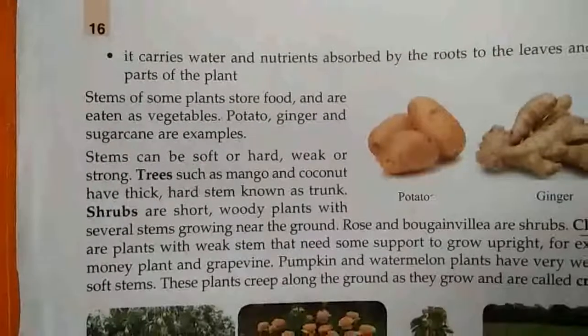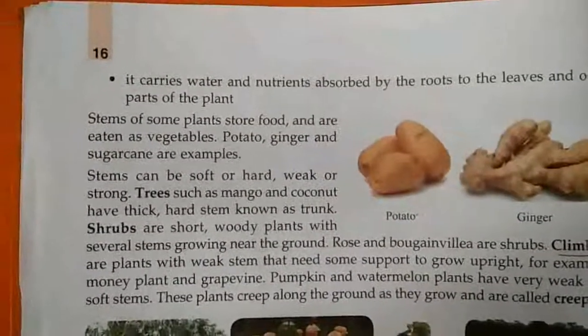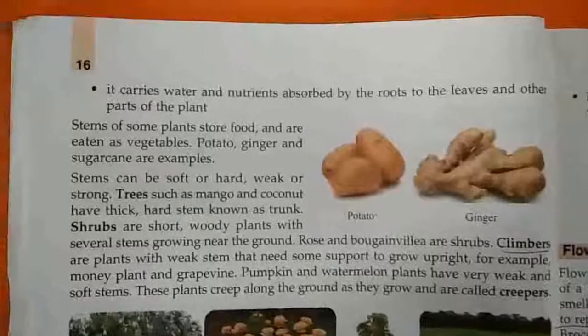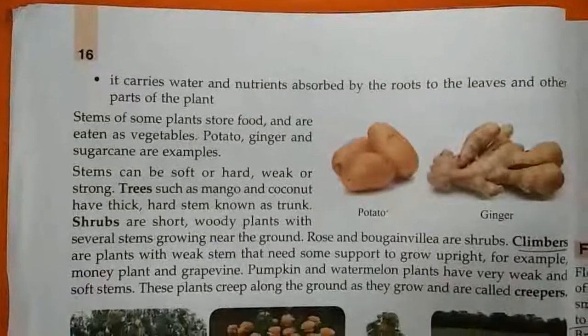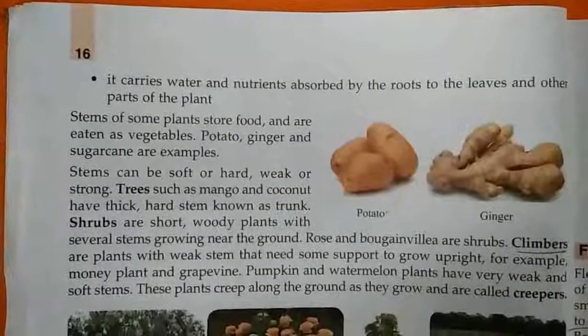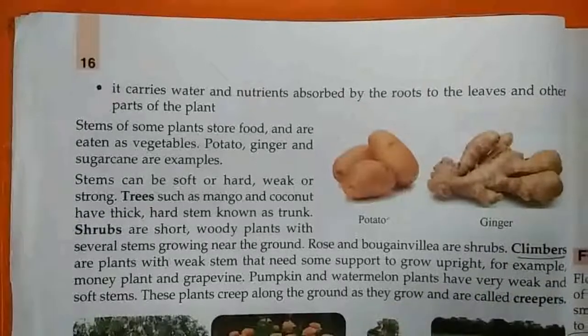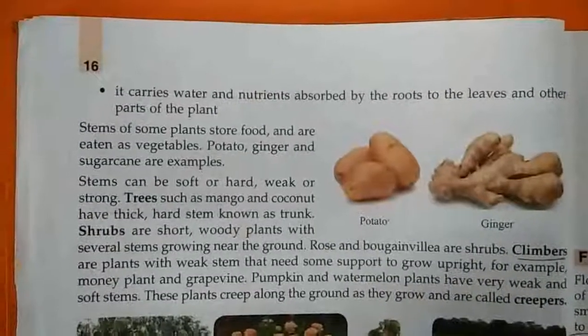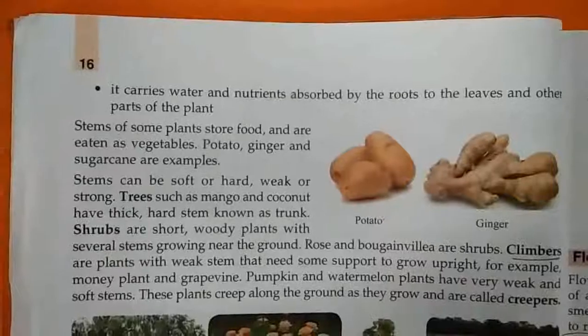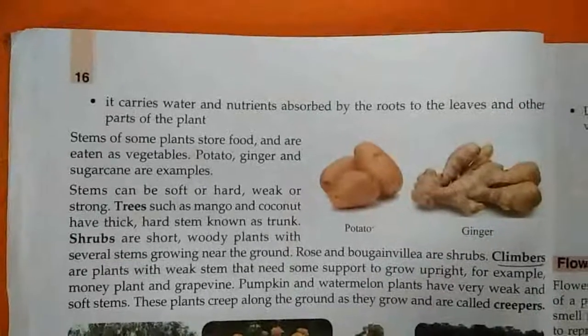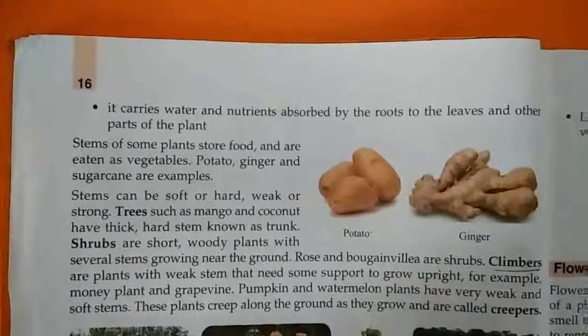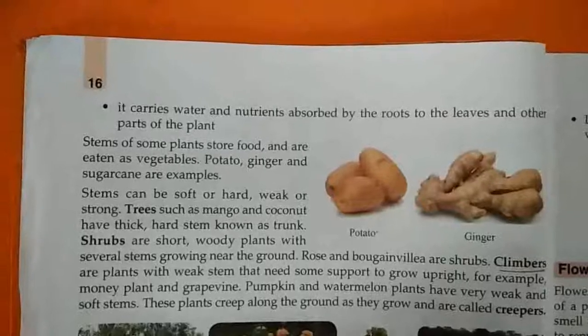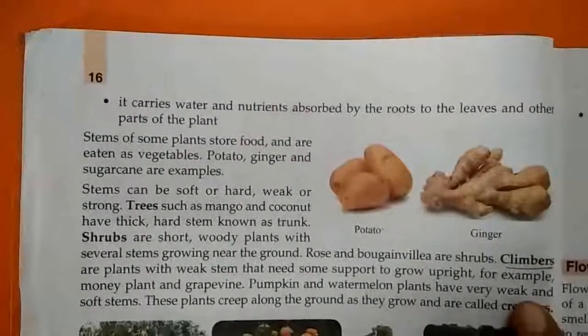Stems can be soft or hard, weak or strong. Trees such as mango and coconut have a thick, hard stem known as trunk. Shrubs are short, woody plants with several stems growing near the ground. Rose and bougainvillea are shrubs.